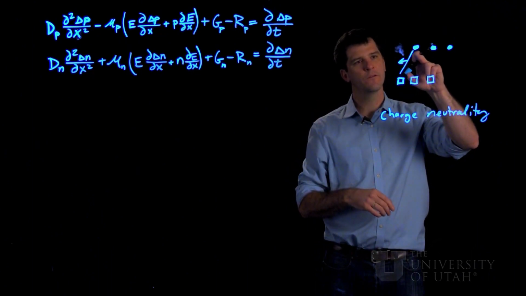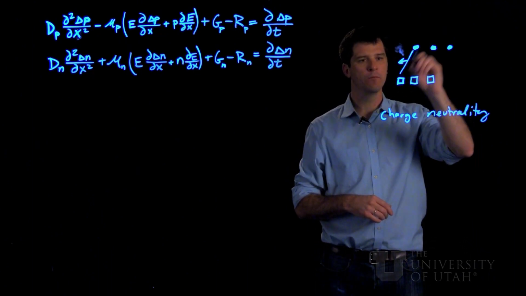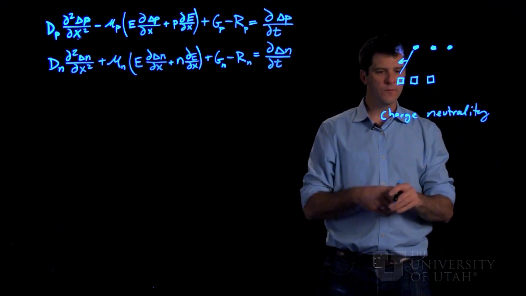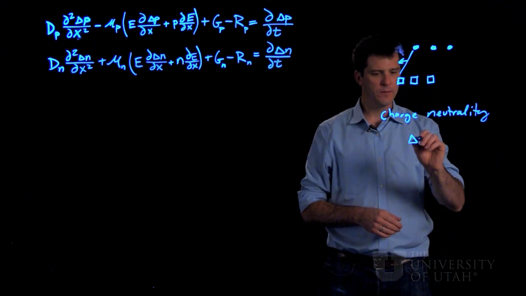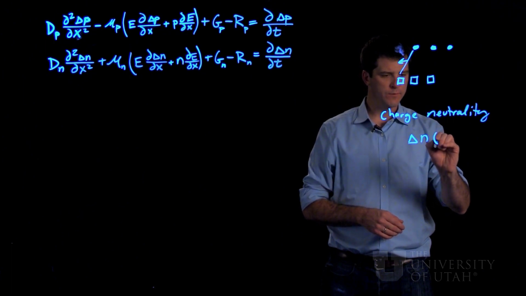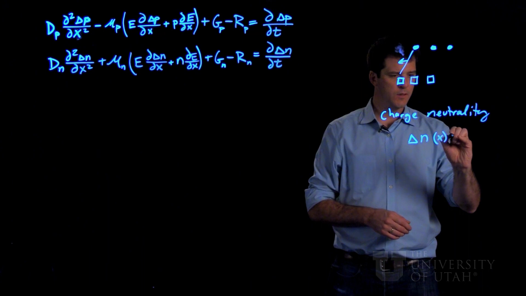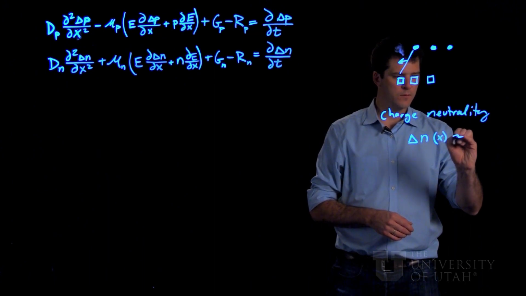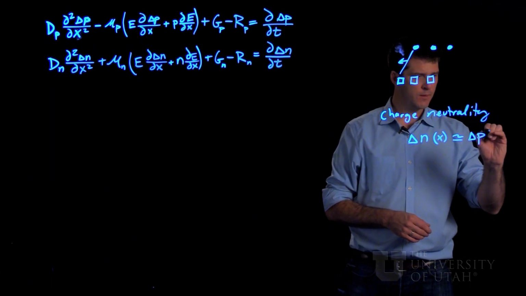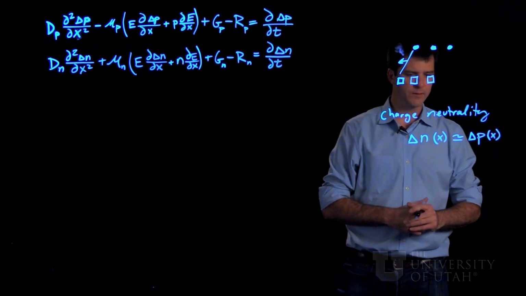And from a force standpoint, remember that there's this Coulomb force that exists between them. So to maintain this charge neutrality, we can say that delta n as a function of x might maintain approximately the same shape as delta p as a function of x.